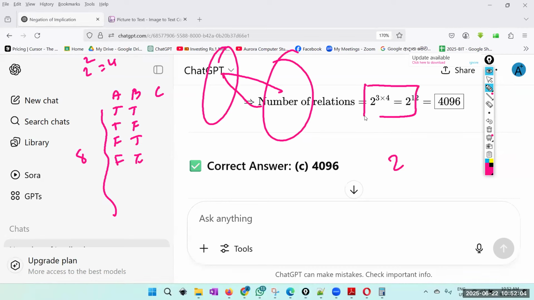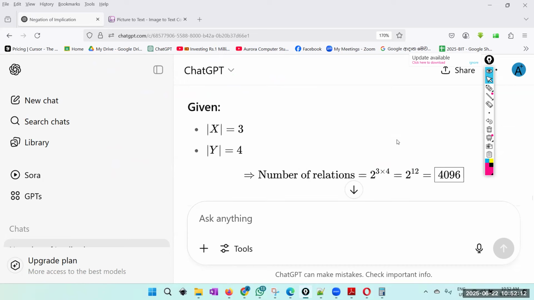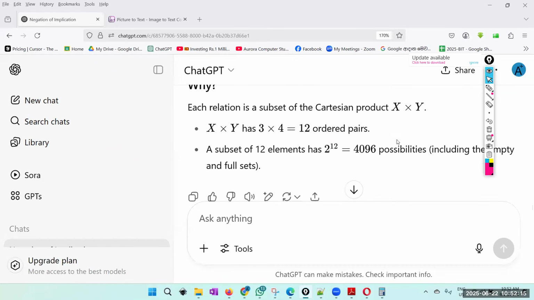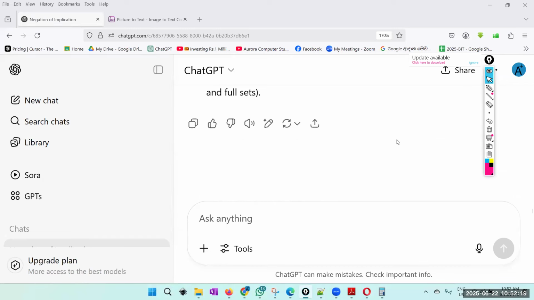Anyway, that doesn't make much sense to me. Shall we ask ChatGPT to explain the logic behind the formula? But for the time being, just remember the formula, okay?